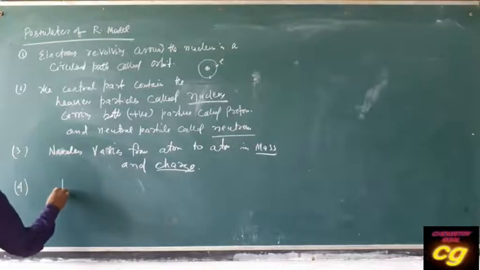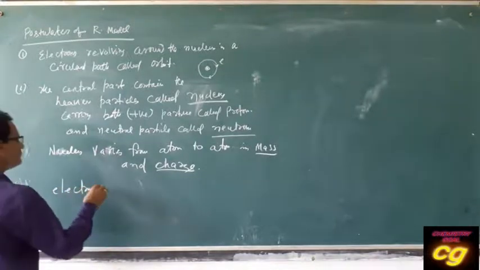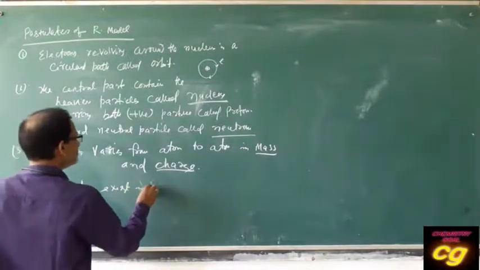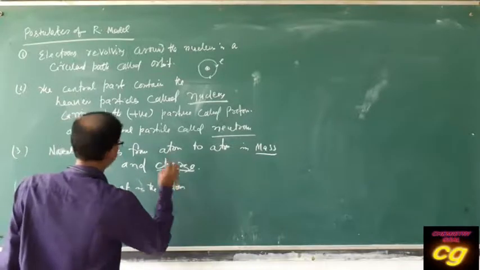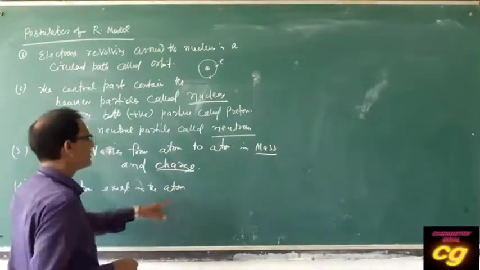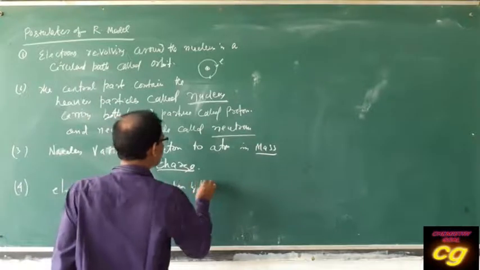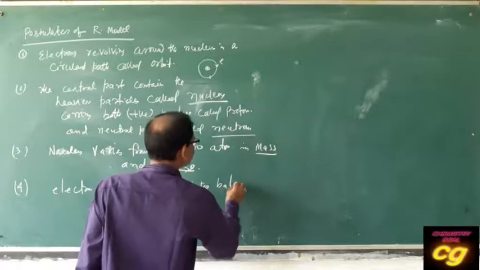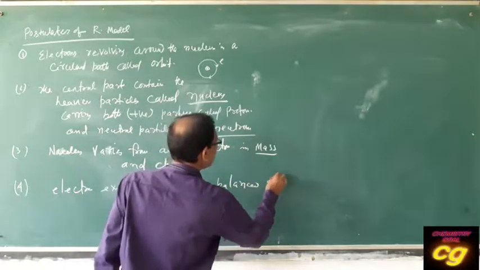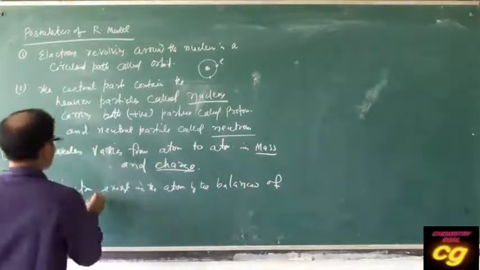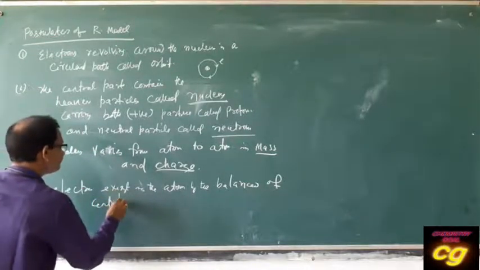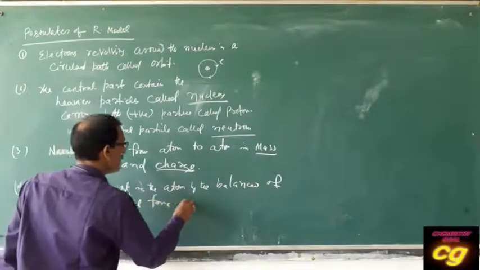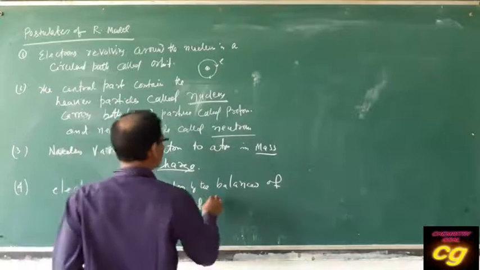Electron exists in the atom by the balance of centripetal force and centrifugal force.